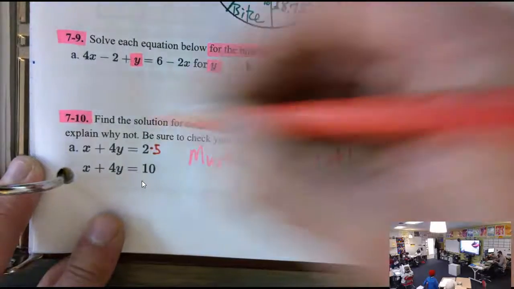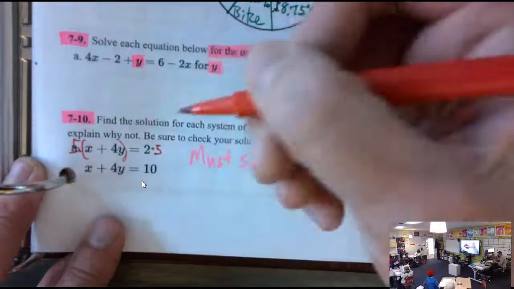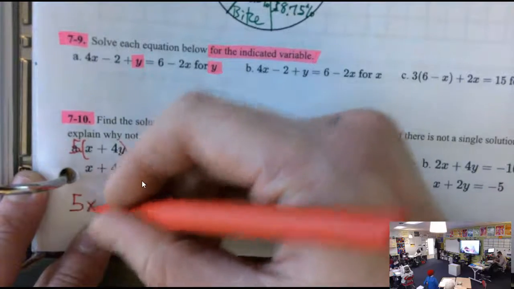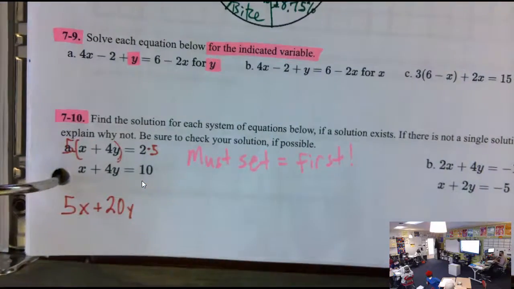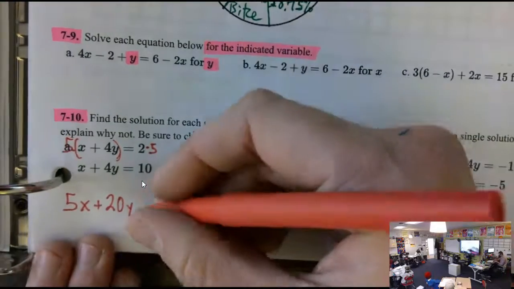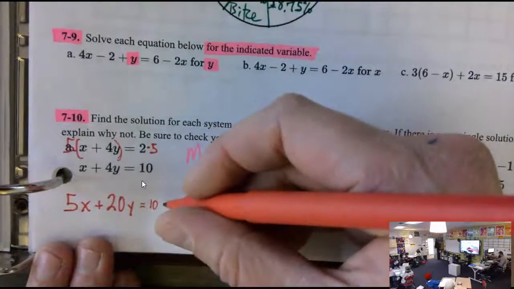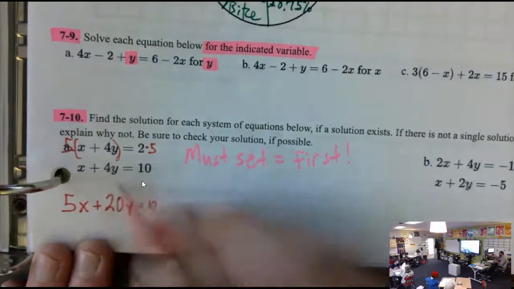Multiply by 5. If I do that over there, I do it over here as well, and I get 5x plus 20y. I'm allowed to do that, and that would equal 10. Right, equal 10. But also, what equals 10 is this x plus 4y down here.